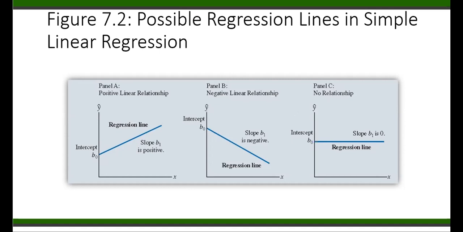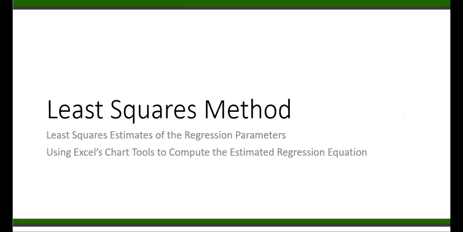Before I go ahead and go through the example, the Butler example, I'd like to talk very briefly about the least squared method that we're going to use. I'm not really going to go over the details of it, it really doesn't matter. But what is important here is that you need to understand that this is a technique that we use for finding the estimated linear equation.